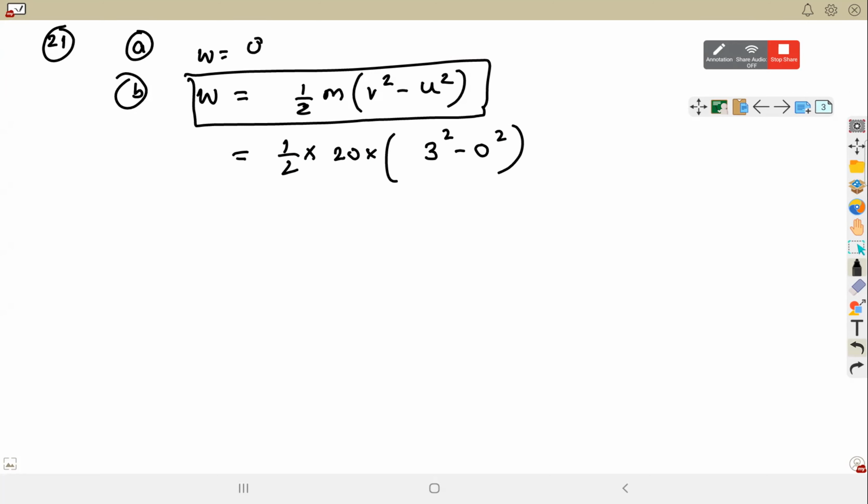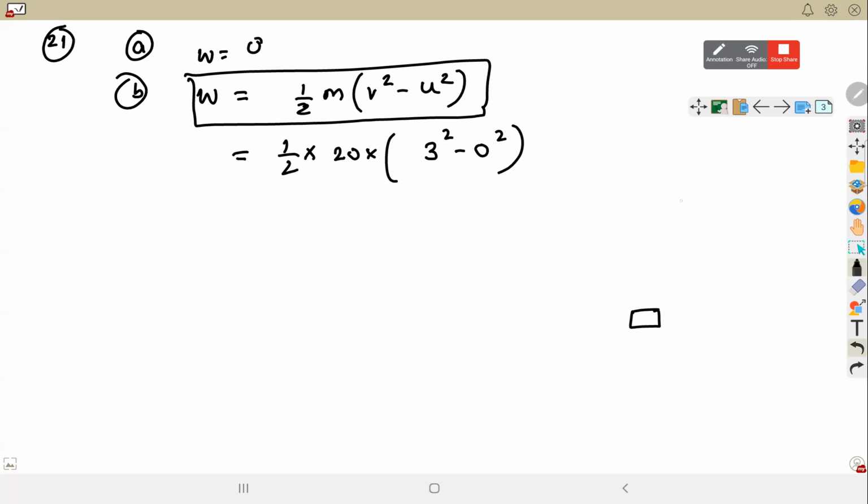Similarly, third part. Sir, 100. He raises the box by 0.5 meter in order to place it inside the bus.